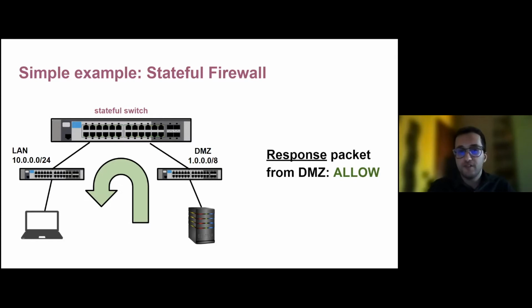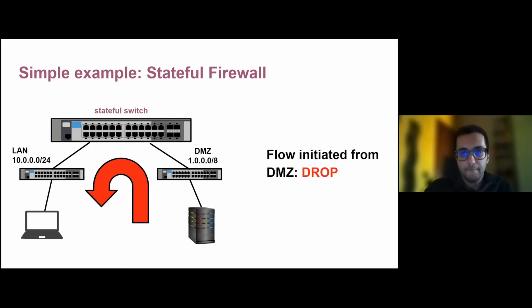Also, the responses from the servers must be forwarded to the local area network, but only if that flow was initiated from the LAN. Instead, for flows that are initiated from the DMZ, the stateful switch must drop the packets.